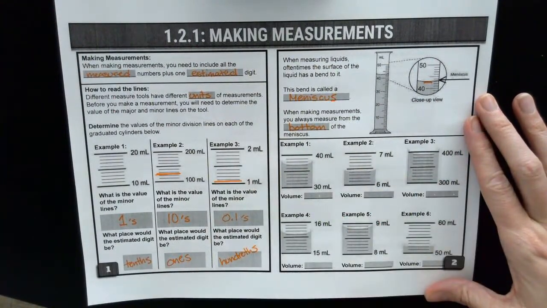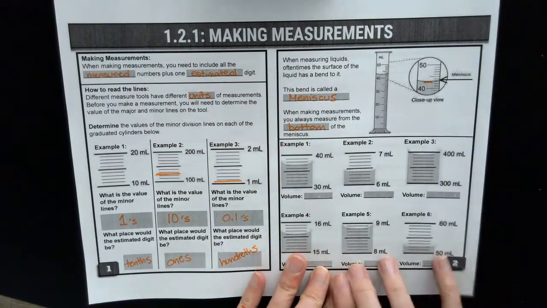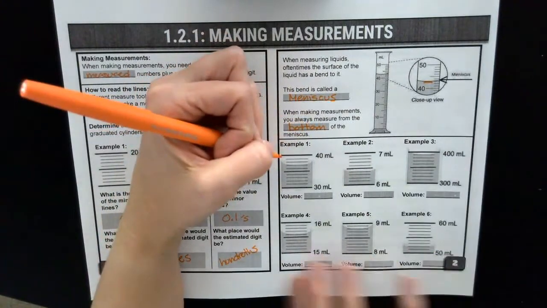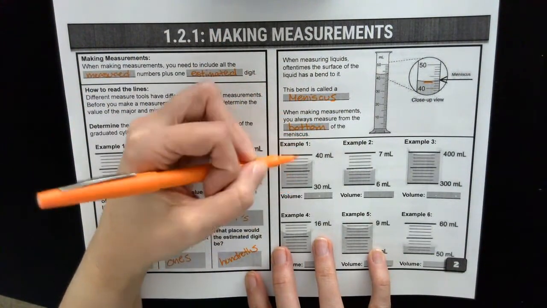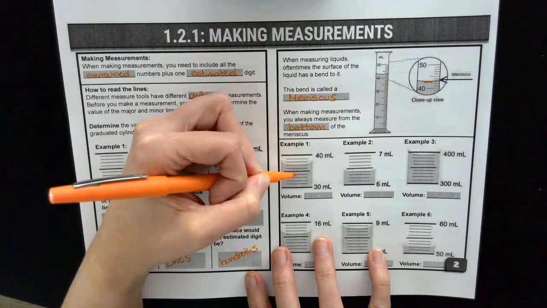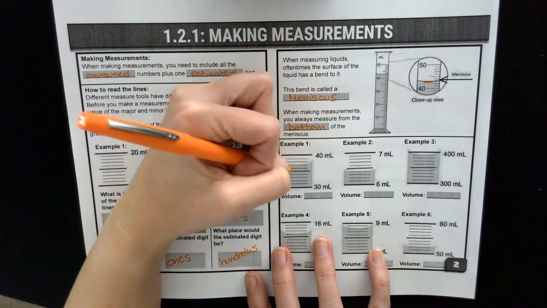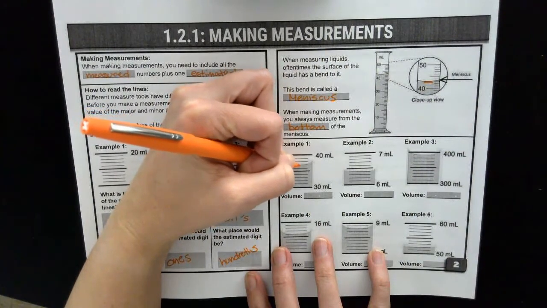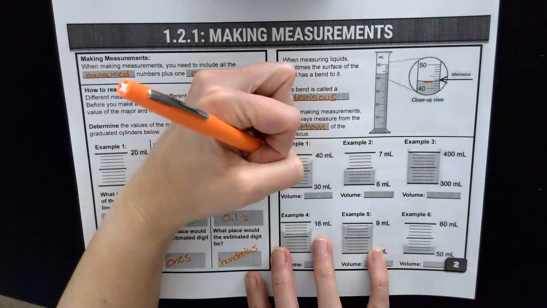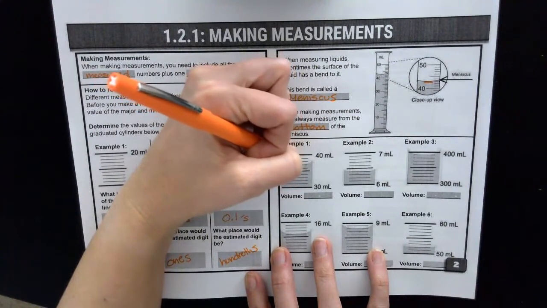I'm going to ask you to pause the video and try the next three on your own and then check your answers. So example number one, the first thing that we do is we look and see that this is 30, this is 40, so each of these little minor lines has a value of 1. So if I look, this would be 35, 36, and I see that this line hits right here at 37, and it doesn't quite get to 38.